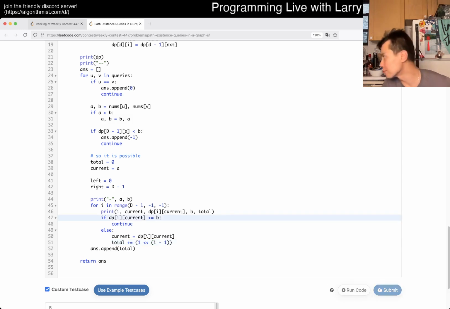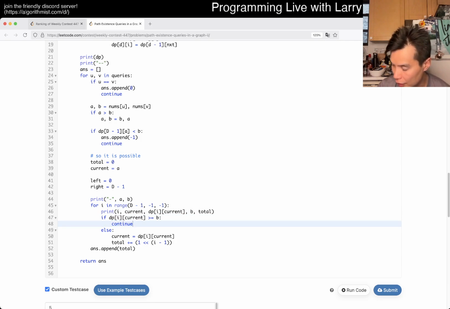Okay, so what does it mean by being middle? I think my condition is wrong. So the left side and the right side, what does it mean by the left side? Left side means that if it goes there, then it is on the left side, but the left side is not.